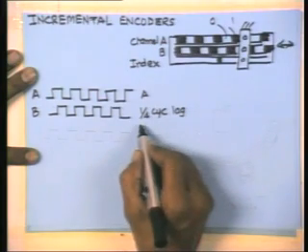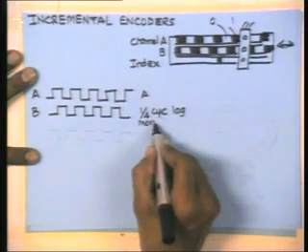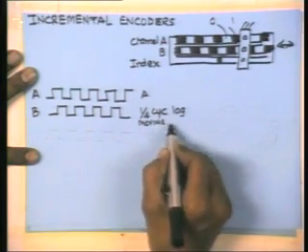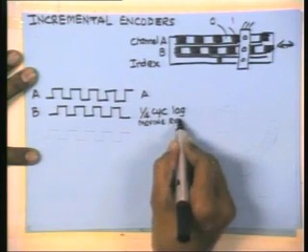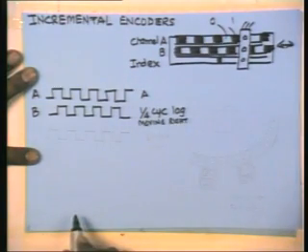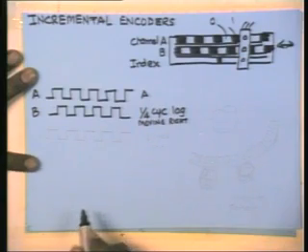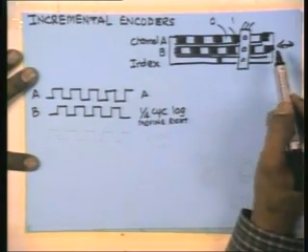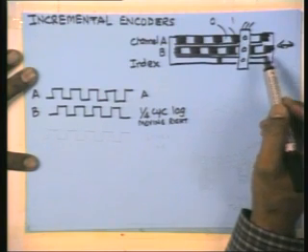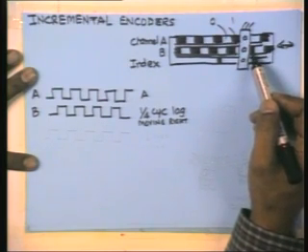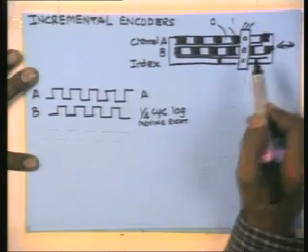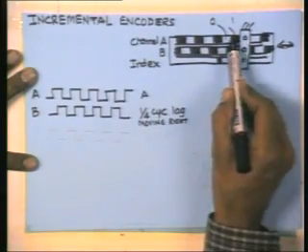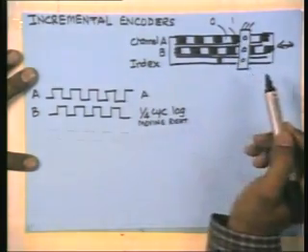Okay, moving right. On the other hand, if I was moving left, you can see that what will happen is you will have this leading, because now the roles are reversed. This part will come first, then this part will come if I am moving to the left.